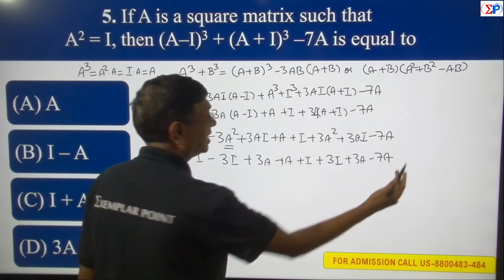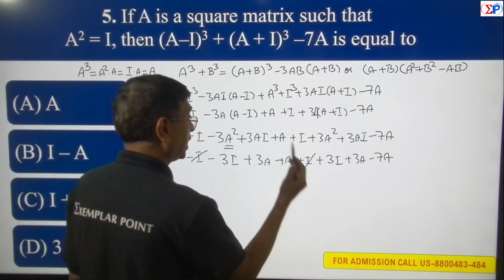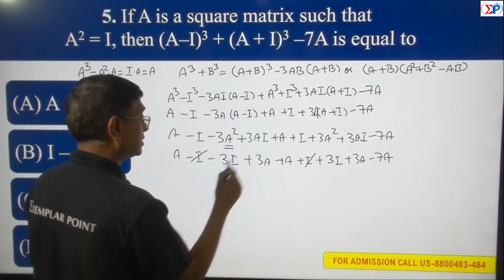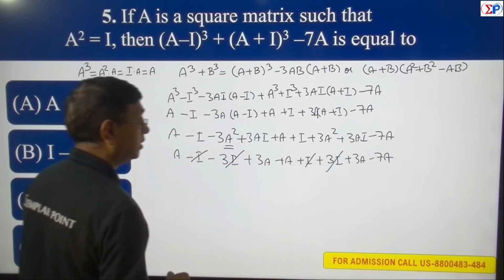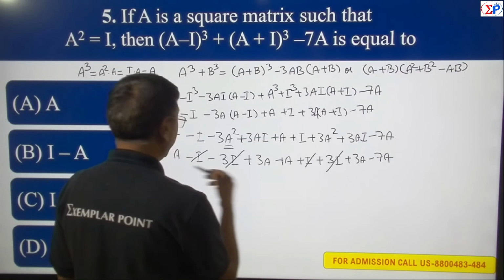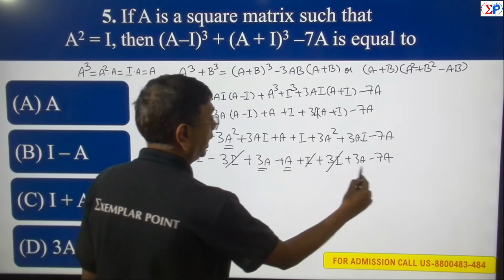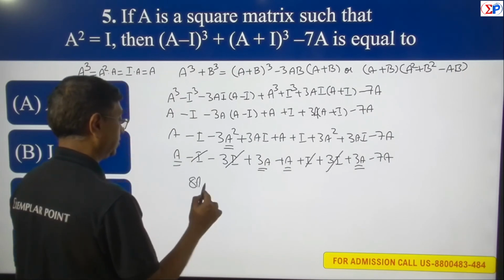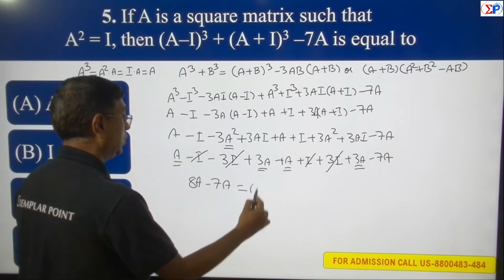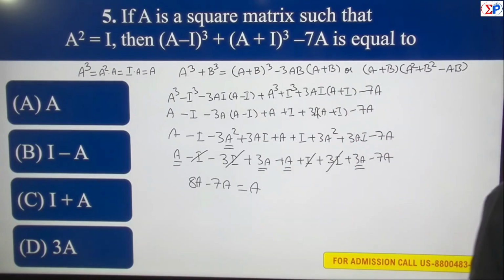So now everything has come down to A and I. तो आंसर देखते हैं माइनस I और प्लस I उड़ गया, माइनस 3I एंड प्लस 3I गया, so 3A 4A 5A 6A 7A 8A minus 7A, so the answer is A. So if the given condition is this, हमारा आंसर A आ रहा है.